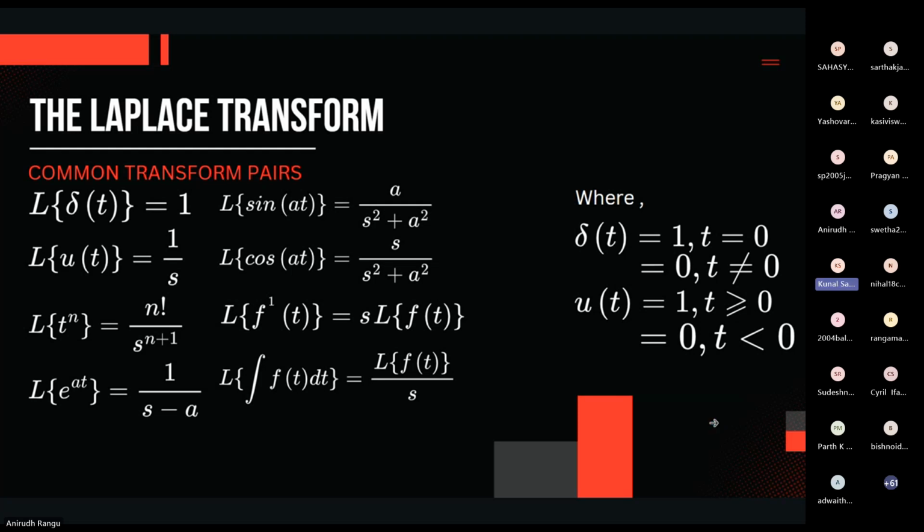Here in this slide there are a few common Laplace transform pairs. These are very helpful to solve equations that we might come across while designing a PID for our robot. We will be sharing these slides later, and they will help you with your assignments.